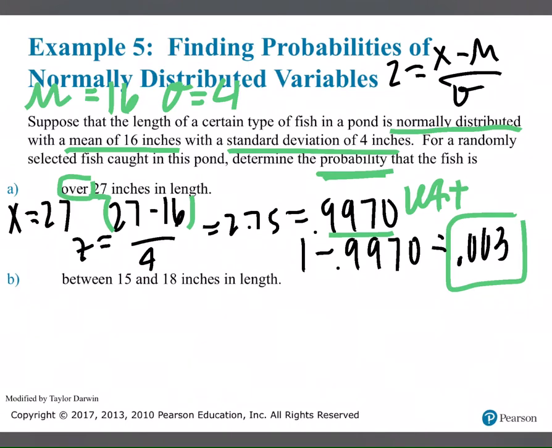Now B, between 15 and 18 inches. Notice that when we did between earlier, we had 2 different z-scores. It's going to be the same situation. So basically a quick visual. Between 15 and 18, I need to find a z-score for both. So my x for 1 will be 15.